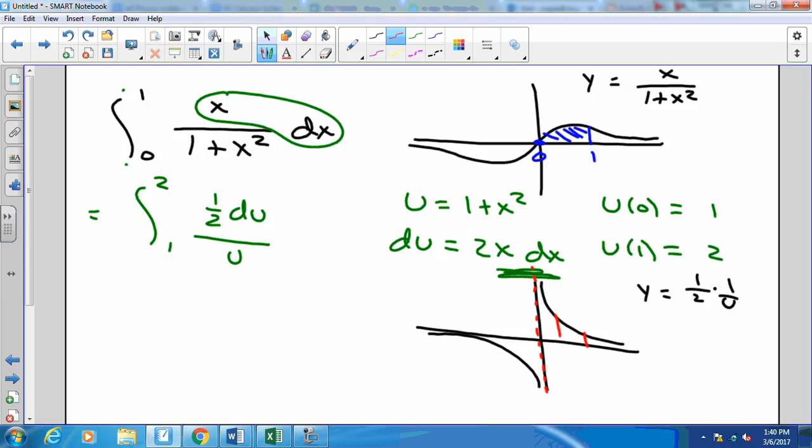However, when I integrate that region from 1 to 2, what I'm going to get is an area that is the same value as the shaded blue area right here. These two don't look the same, but they have the same area. How do I know? Because I replaced everything in terms of x into the corresponding u values.